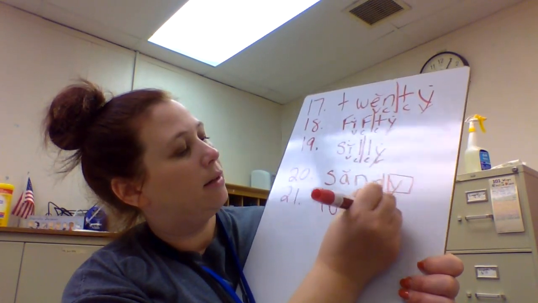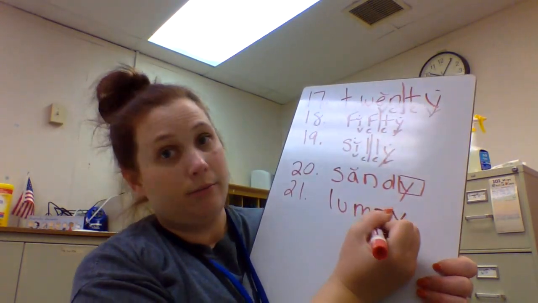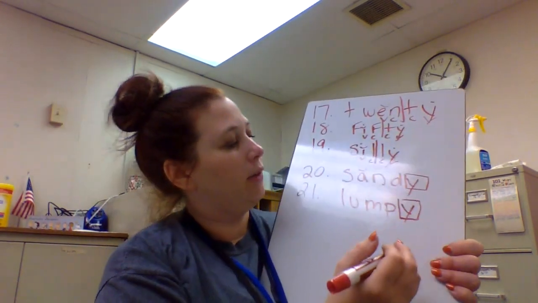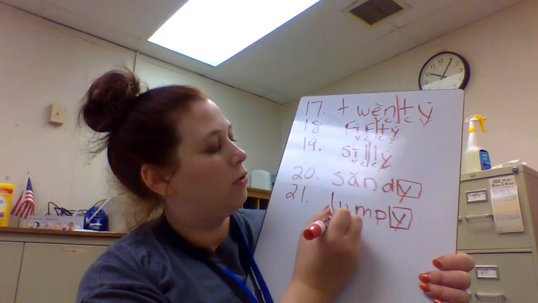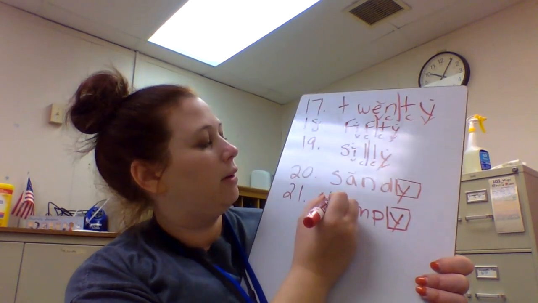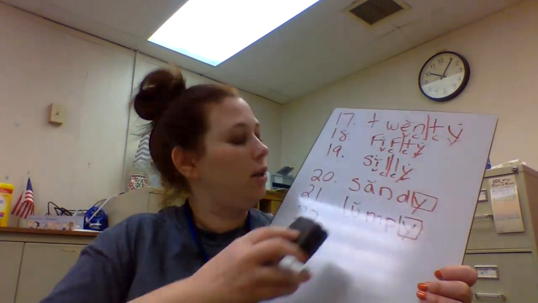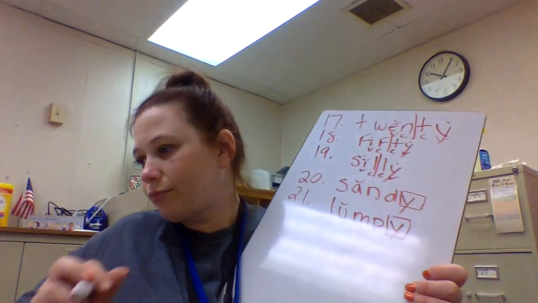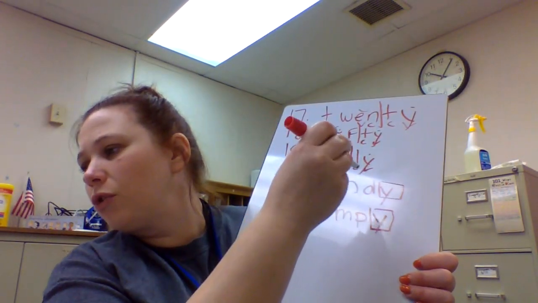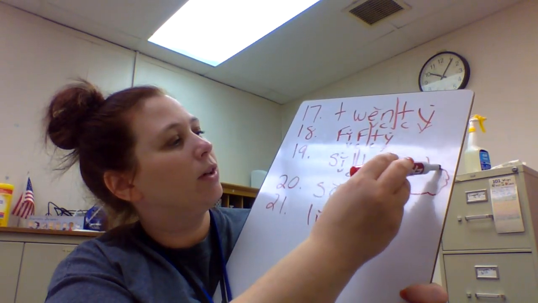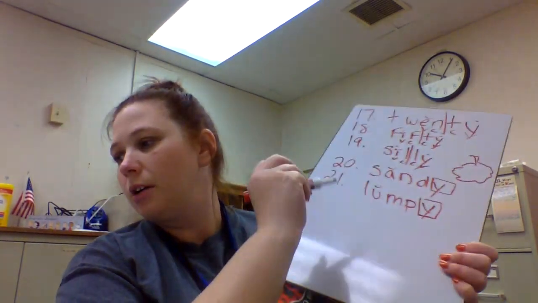Again, lump is a root word, so we're going to give the Y the suffix box, and then we're going to just code the U, vowel, consonant, gets a breve. Now on 17 through 21, I want you to match the word to the little bag that's over here that you can see.